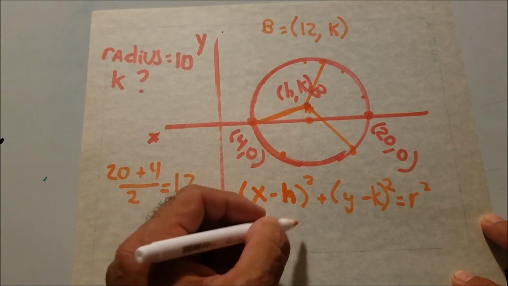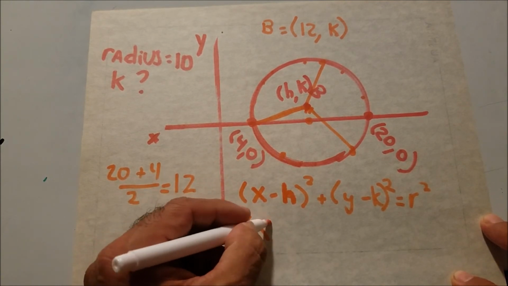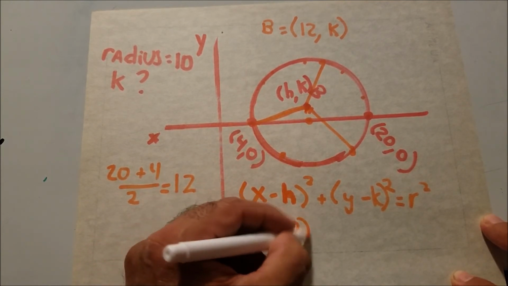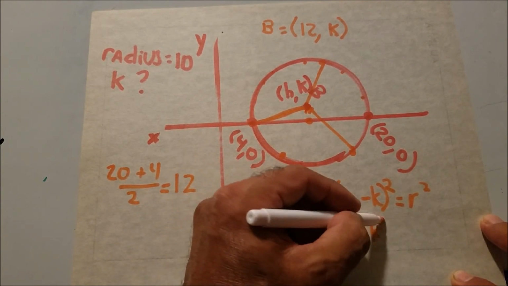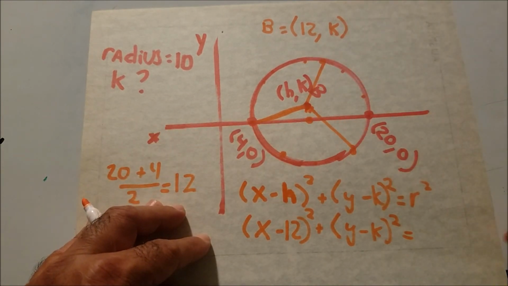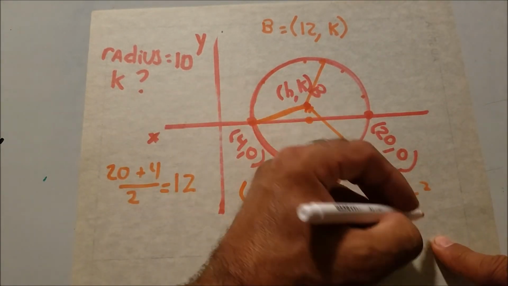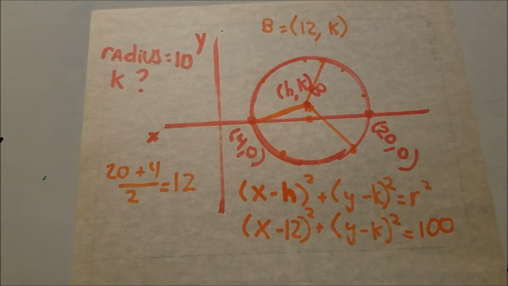So we already know what the h value is. So it's going to be x minus 12 squared plus y minus k squared equals, and we know what r is already. R is 10, so 10 squared will give us 100. So we have that so far. Always double check.